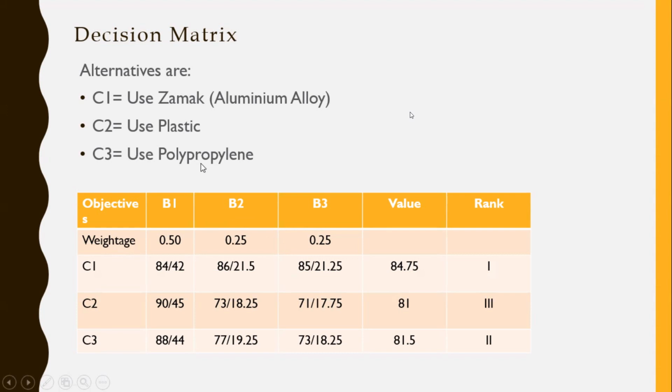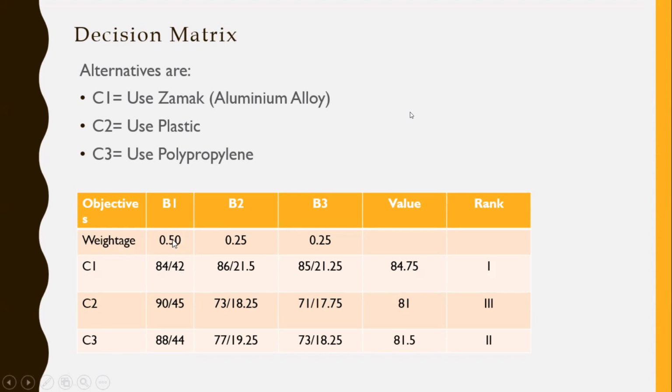So what we do is, first we evaluate alternative criteria and see how important each of those criteria is. Here B1 is more important than B2 and B3, so the weightage reflects that. Then we give a ranking by evaluating each against this criteria, and that ranking comes at the bottom.